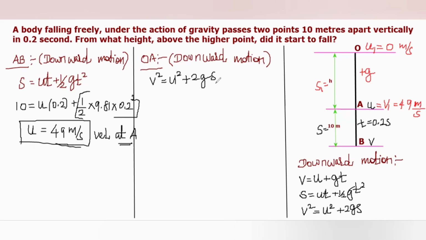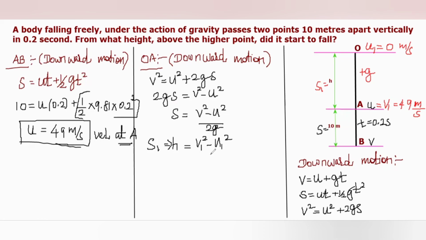Here only S we need, so rearranging, 2GS equals V square minus U square, and S equals V square minus U square divided by 2G. So S1, which is equal to H, equals V1 square minus U1 square divided by 2G.